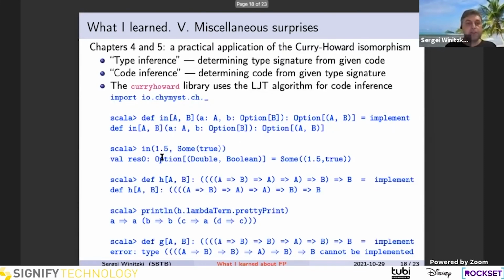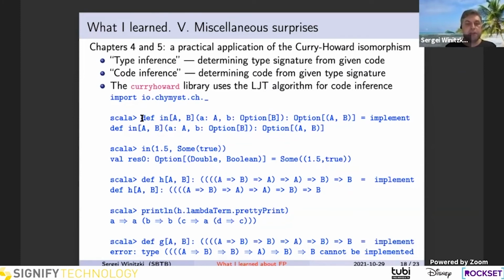I'll skip other things. A fun thing I found is that type inference exists, which is determining type signature from given code, but there's also code inference, determining code from given type signature. I already touched upon it. I was able to implement this LJT algorithm as a library in Scala.